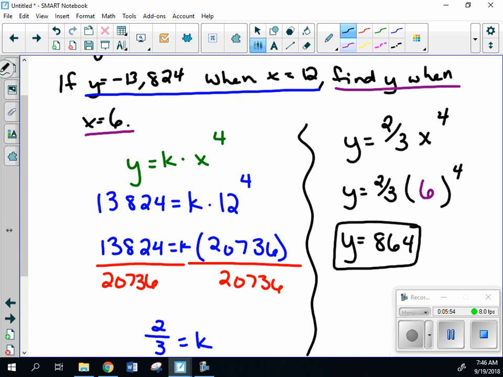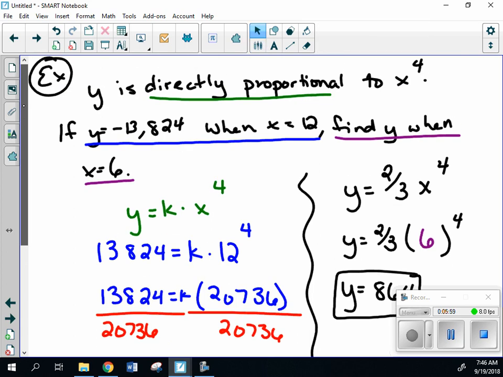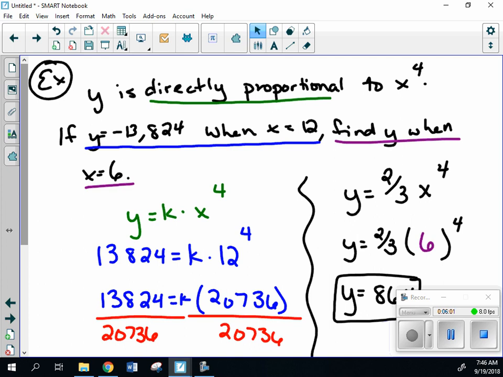So the key is it's going to be set up, like I said, they're going to give you that first portion in the green there, that information in order to set up your direct variation equation. Be cautious about what it's saying with like the x to the fourth. It might not actually give you x to the fourth. It might say the cube of x.